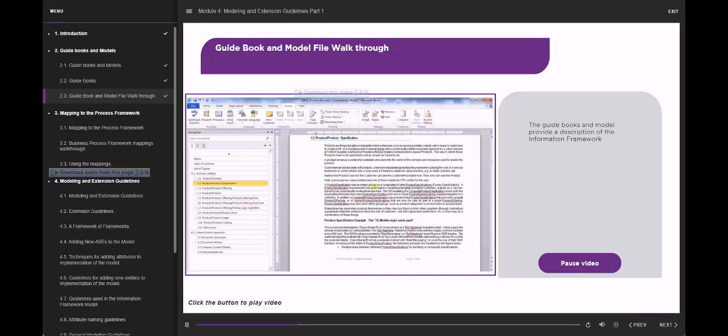Each aggregate business entity, or ABE, in the domain typically has its own section in a guidebook. Here's the one for the product specification ABE that begins with an introduction and explanation of the ABE.